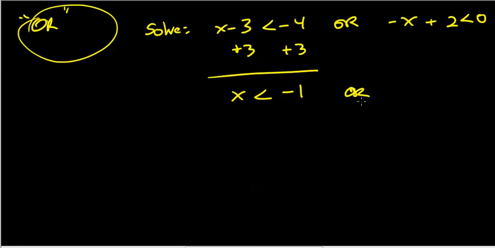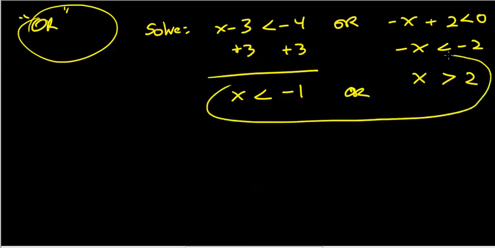And from the right branch, if minus x plus 2 is less than 0, if I subtract 2 from both sides, I get minus x is less than minus 2. And if I then multiply both sides by negative 1, be careful out there, you've got to remember to reverse the inequality arrow. So I claim this is the solution set for the above or statement.